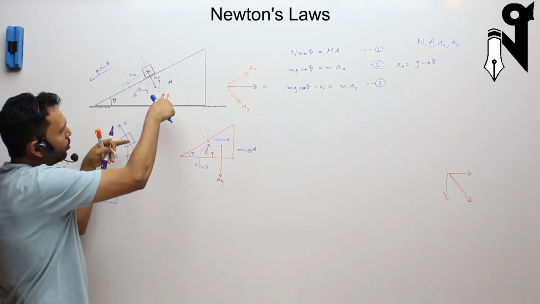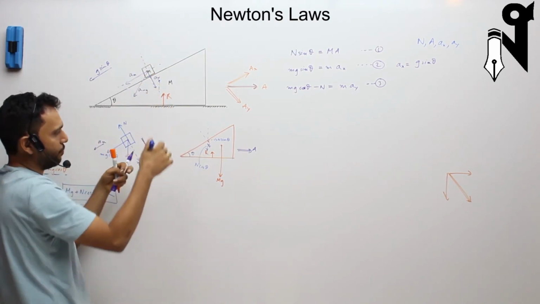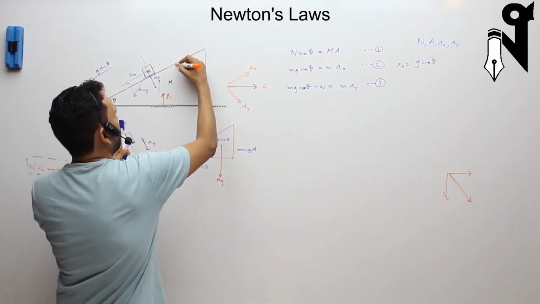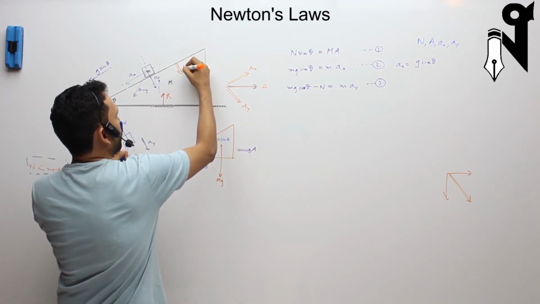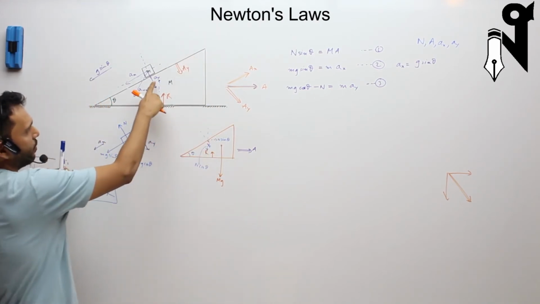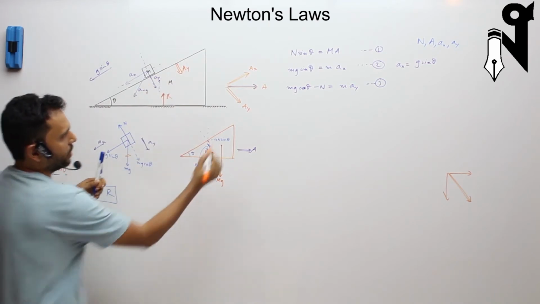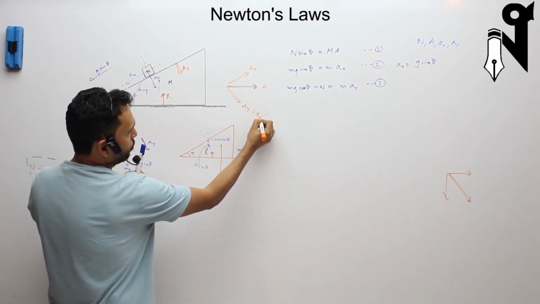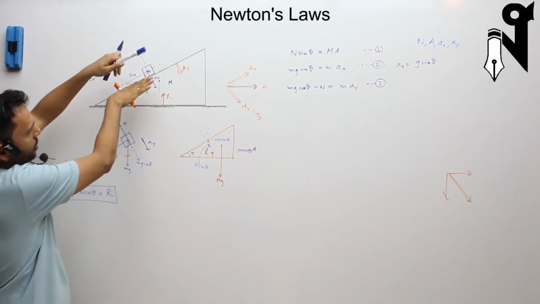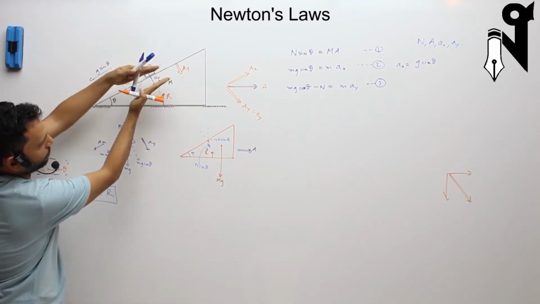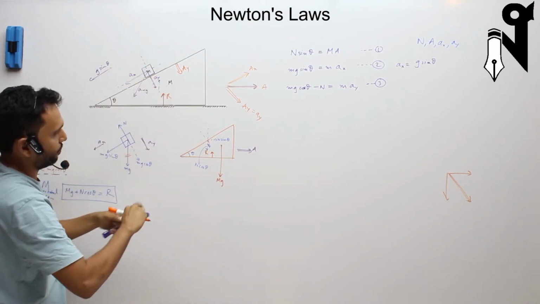It is not going into the surface. So this surface itself was going back with capital AY. So this small ay and this capital AY are the same, because along this direction the surface and the mass are going together.